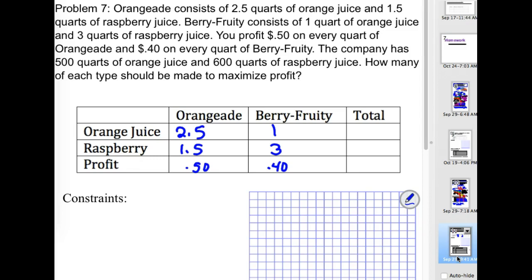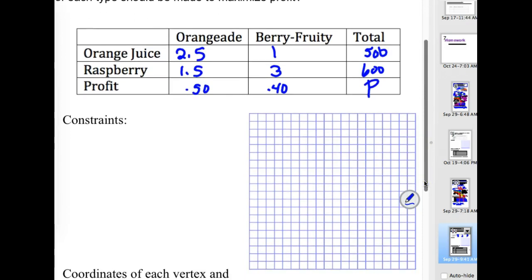Okay? It says the company has 500 quarts of orange juice and 600 quarts of raspberry juice. So we filled in our chart. What are my constraints going to be? How would I write them out? Somebody else?